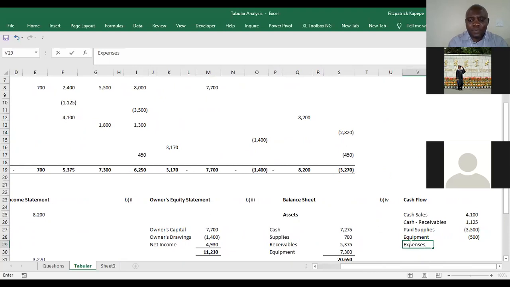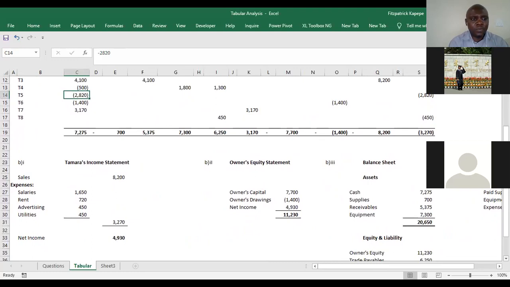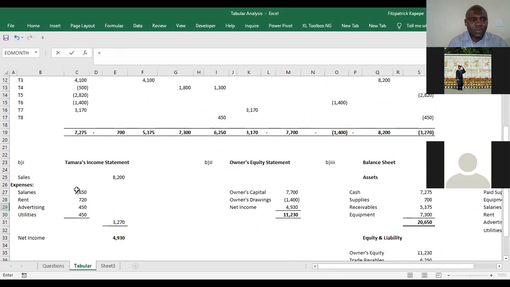It was on transaction 5. 2,820 was a combination of expenses. It was basically this. Yes, minus utilities. So we can put it there just to show, because this becomes your thing. So you had the salaries. You had this.